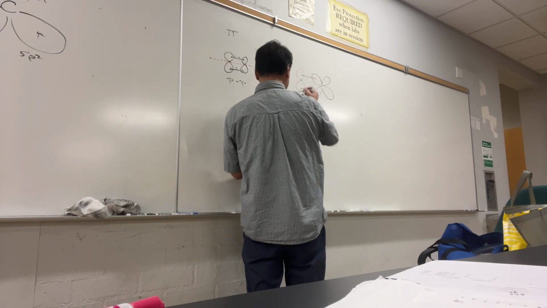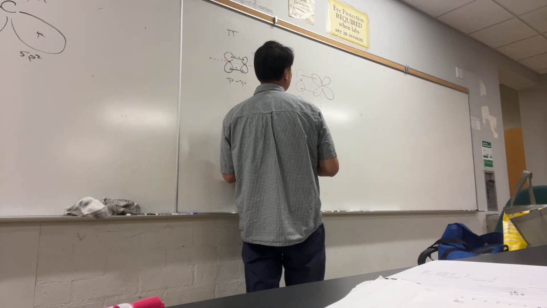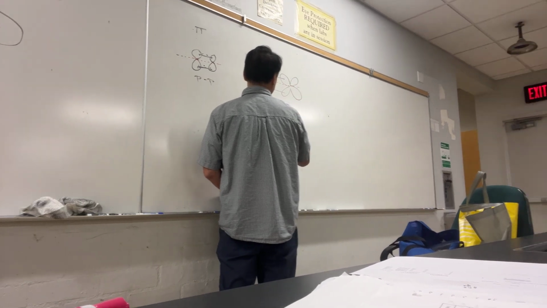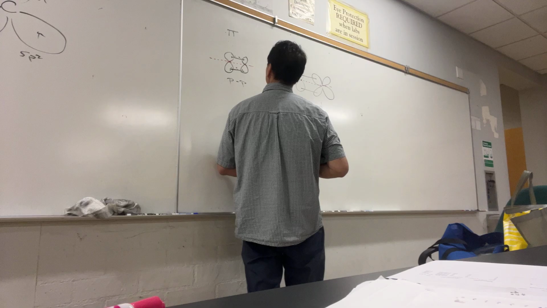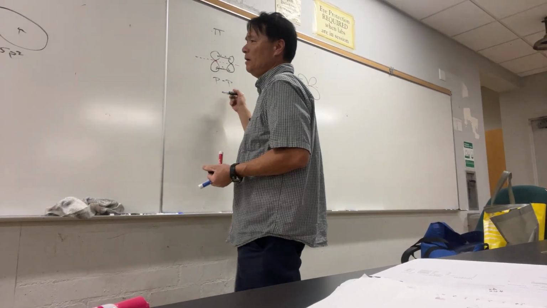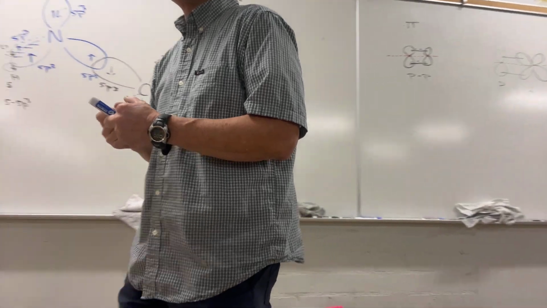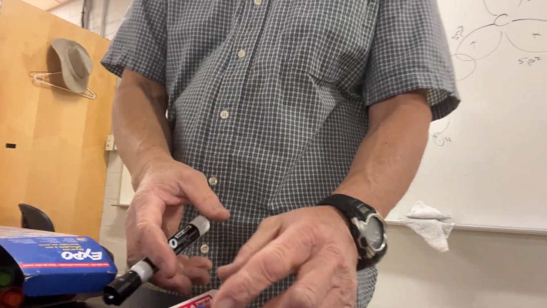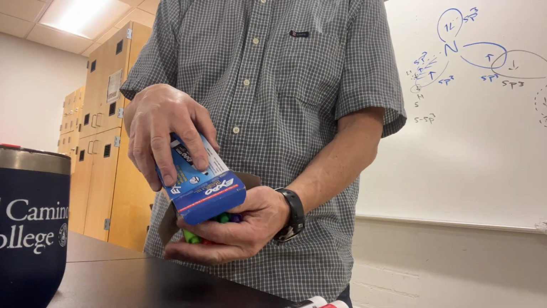And so when I look at the internuclear axis, the overlap occurs above and below the internuclear axis. And so this would be a PD pi bond. And so we have a PP pi bond and a PD pi bond, and that's it. No others. So you don't have much choice when it comes to pi bonds.